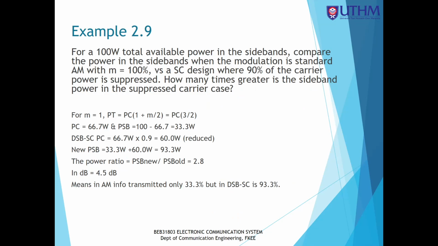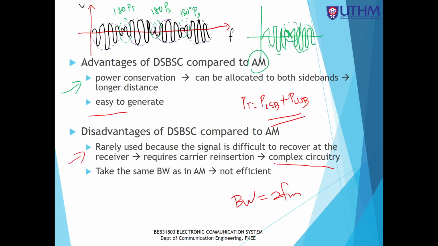This example shows the theoretical concept of suppressing the carrier component, where the suppressed power is distributed to the sideband power. That means when we suppress the carrier, the power will be distributed to the sidebands and the sideband power becomes increased. How is it possible? This can be explained mathematically.